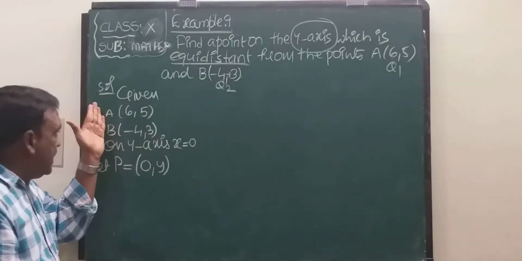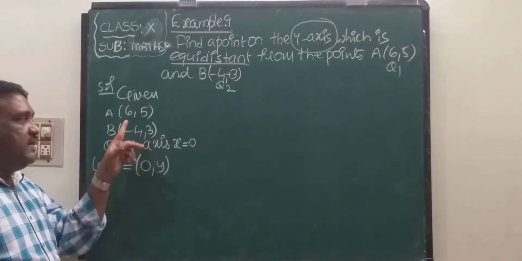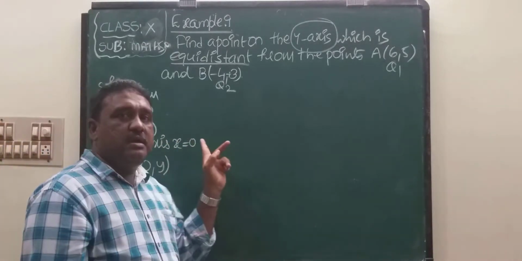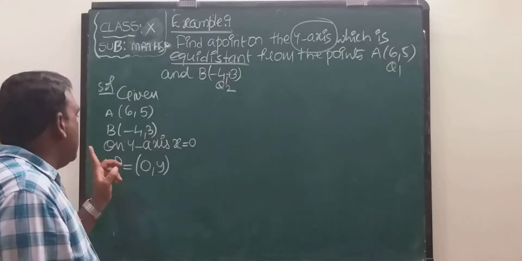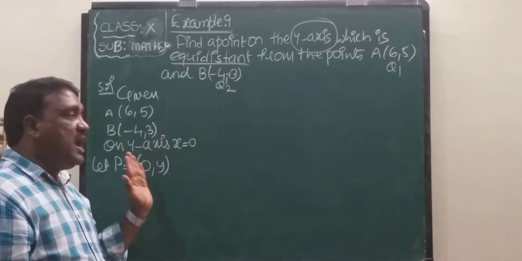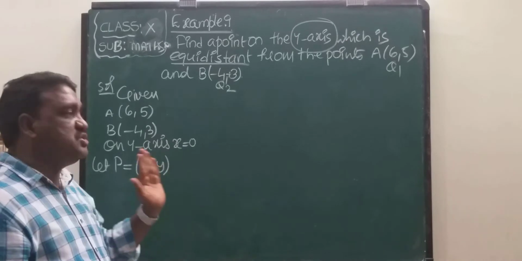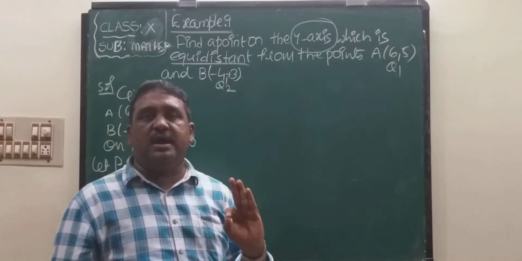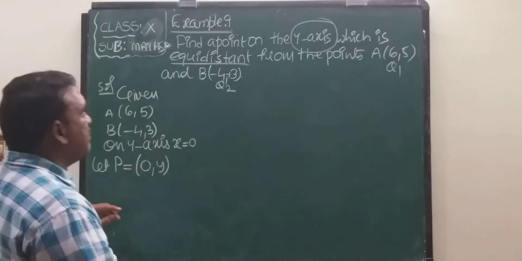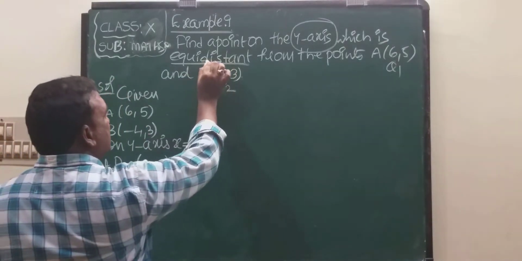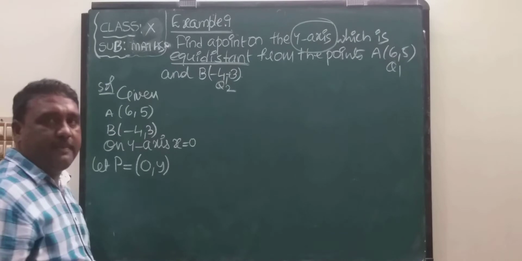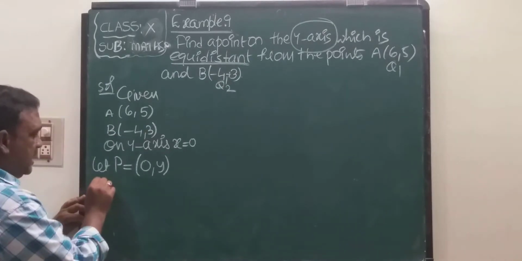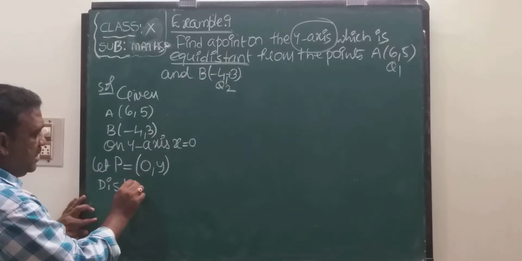First point A (6, 5), second point B (minus 4, 3), and on y-axis x value is 0, so P is (0, y). Then what formula to write? Very clear to you. Distance formula.